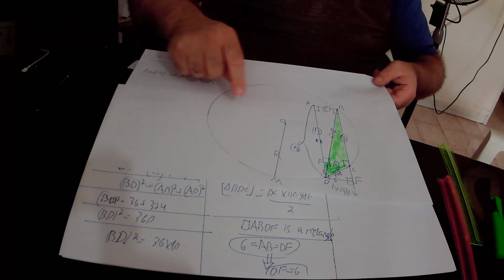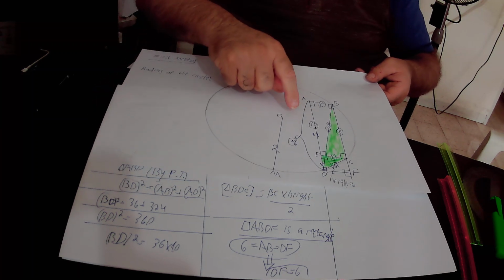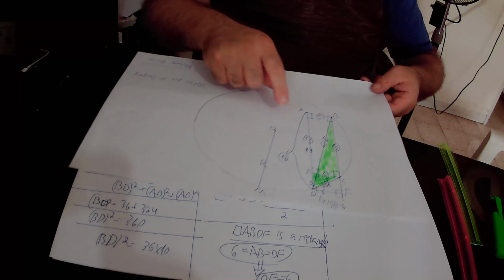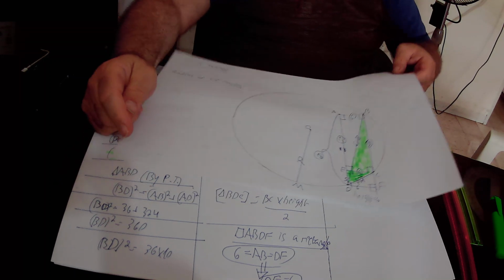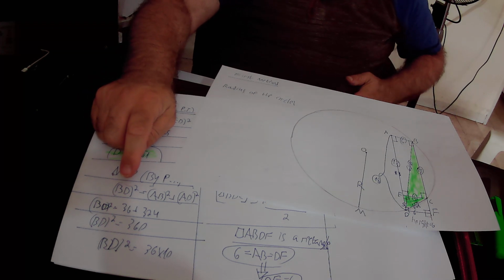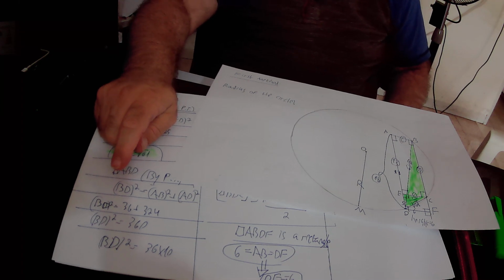AB equals 6, therefore AB square equals 6 square, that is 36, plus AD square. AD equals 18 units, therefore AD square equals 18 square, that is 324. In conclusion, we found out that BD square equals 36 plus 324, that is 360.